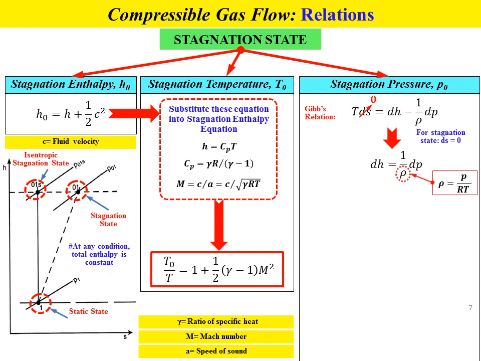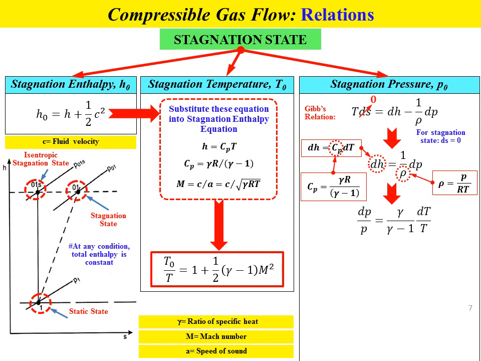Substitute rho with rho equal to P divided by RT, which refers to the gas law equation. Substitute dH with dH equal to Cp dT, the enthalpy equation, and for Cp we need to substitute the specific heat at constant pressure equation.